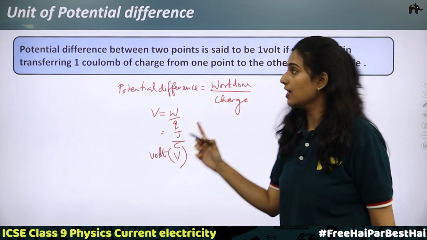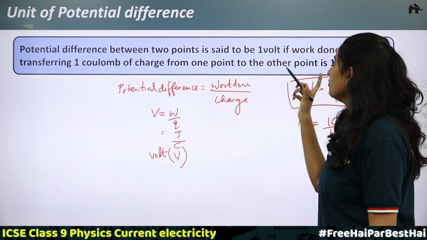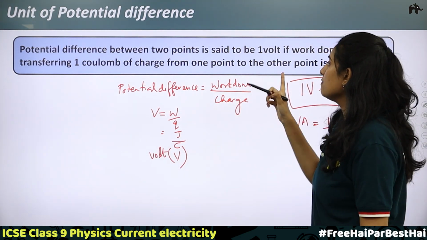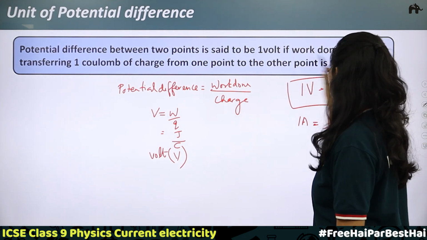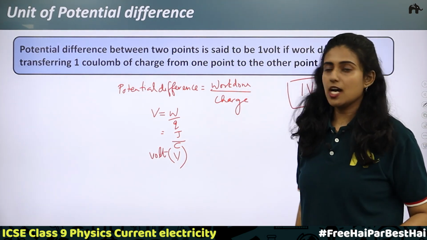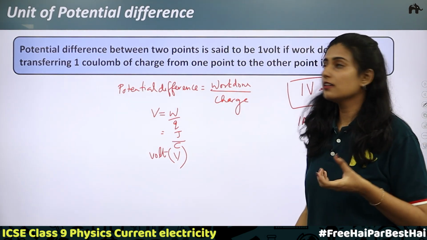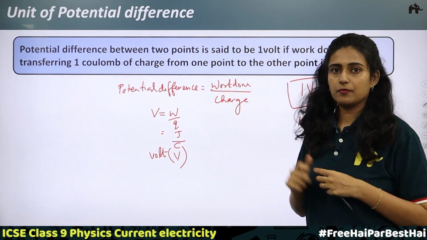The potential difference between 2 points is said to be 1 volt if the work done in transferring 1 coulomb of charge from one point to the other is 1 joule.